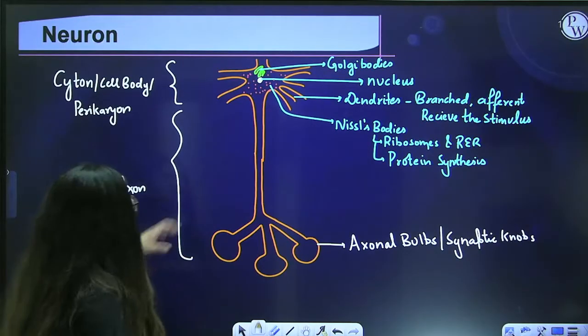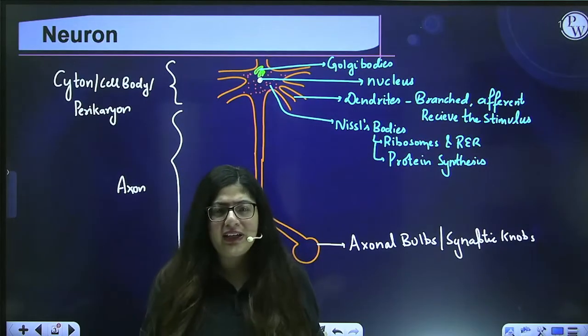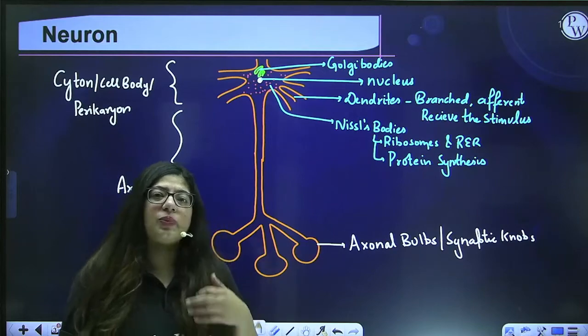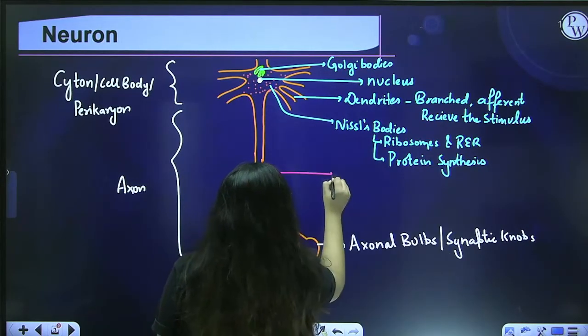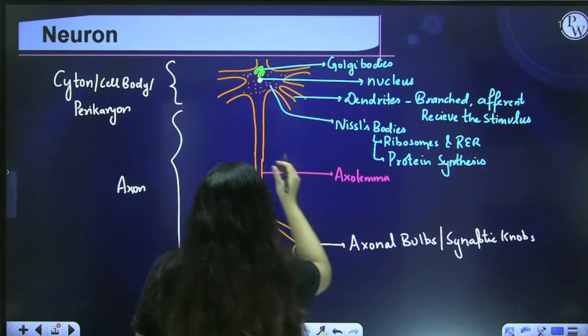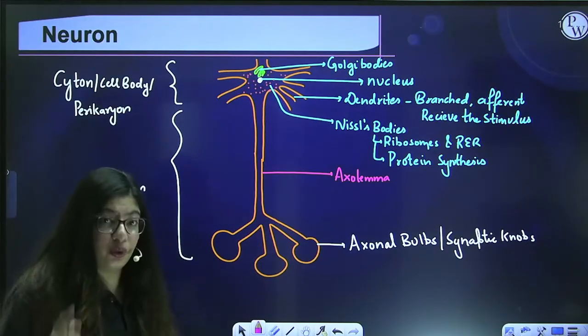Now this axon is part of a cell, and definitely it will have a plasma membrane as well. The plasma membrane of the axon is known as axolemma. This cell can sometimes be wrapped by another cell. You heard it right.